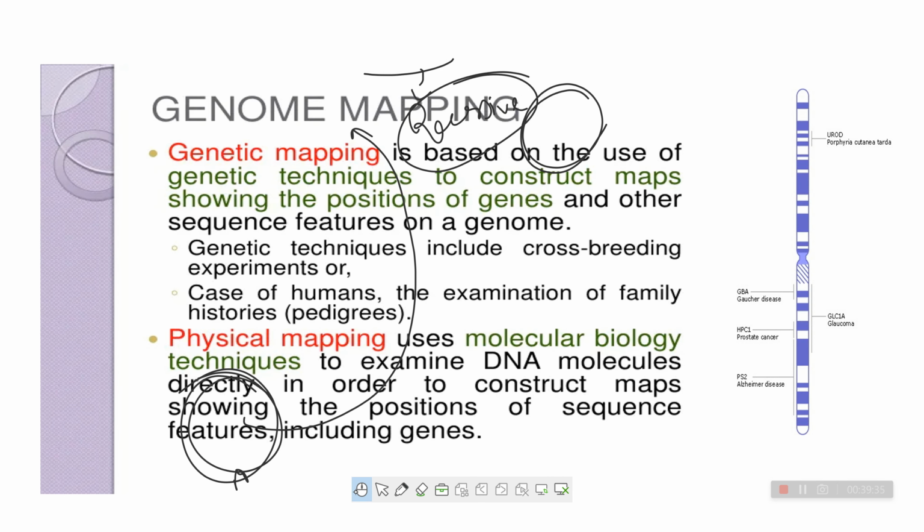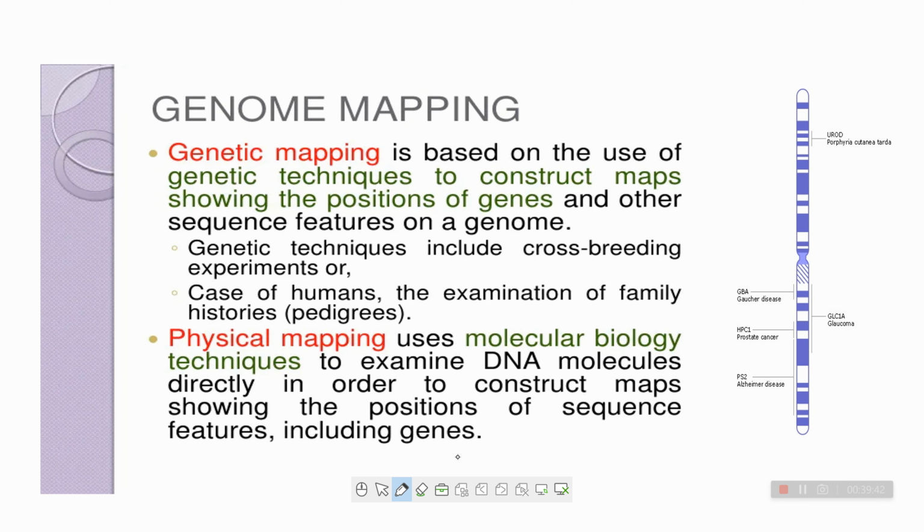Next is chromosome mapping. What is chromosome mapping? Chromosome mapping is also called genetic mapping or genome mapping, because the chromosome contains our genome and we map the genome. Genetic mapping is based on the use of genetic techniques to construct a map showing the position of genes and other sequence features on a genome.